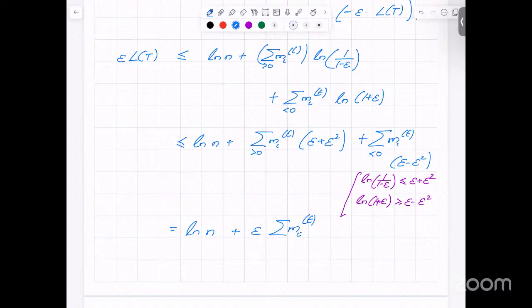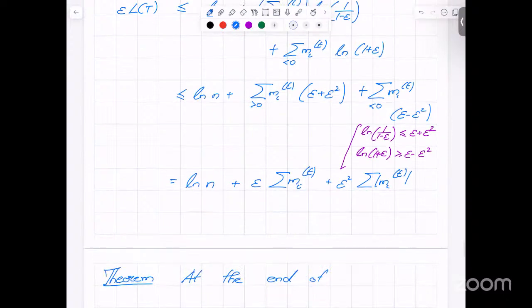This is for all MIT, because both the positives and negatives. The other one, I get it with an epsilon square MIT, but I get it with an absolute value. This is summed over i.